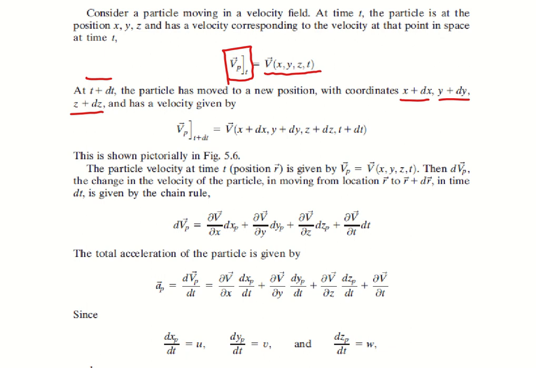So at this time the velocity Vp, meaning velocity of that particle at time t plus dt, is a function of x, y, z and t, all four. So V of x plus dx, y plus dy, z plus dz, and time is t plus dt.